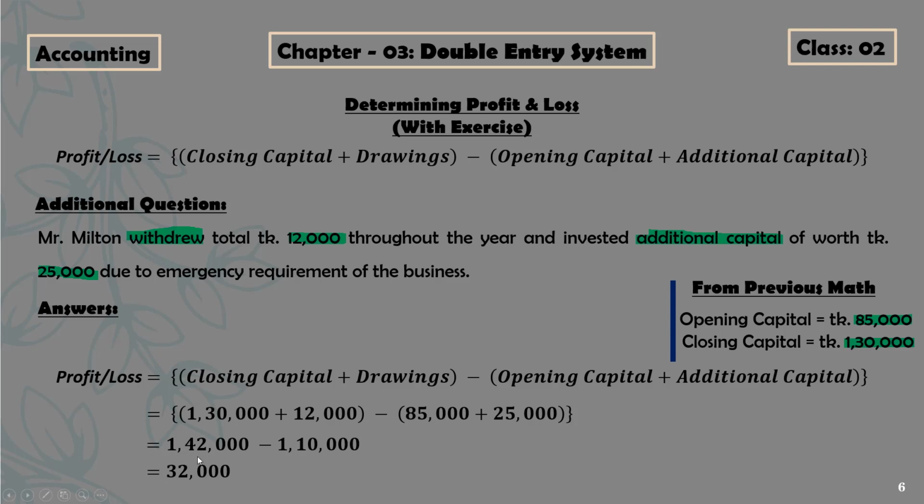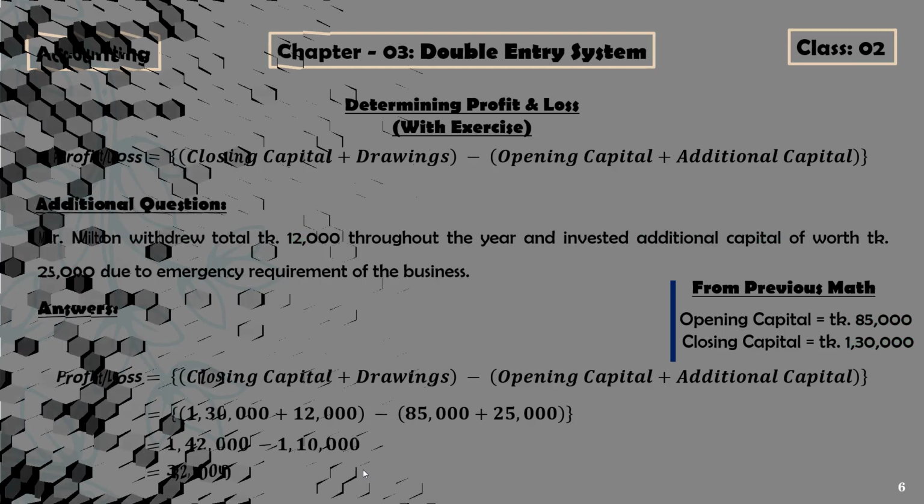So when the balance is positive, it is profit, and when the balance is negative, it is a loss for the business. I think you have understood the problem and how to solve it. Let's move on to the next topic.